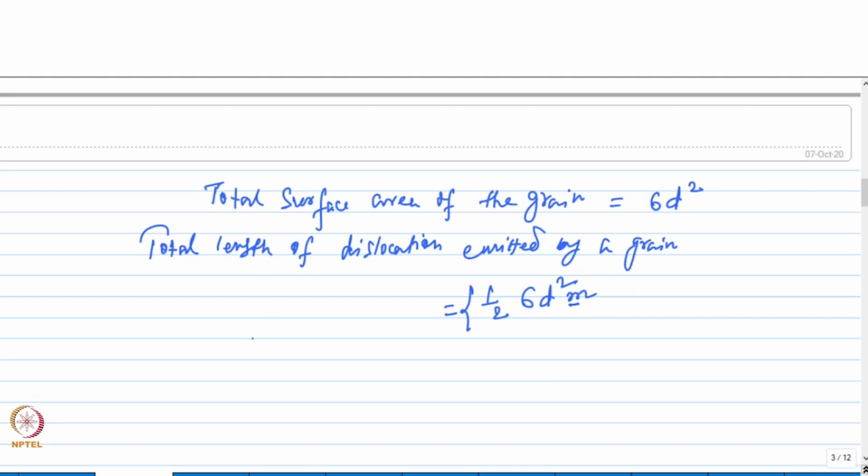And the dislocation density is nothing but the total dislocation length divided by the volume. So it is dislocation length per unit volume, that is the dislocation density, right?